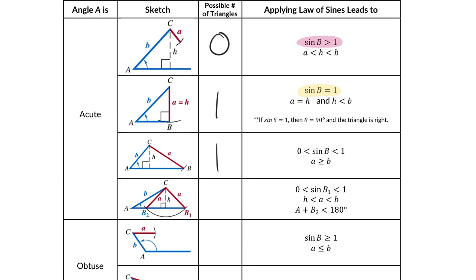In which case, this means that there are actually two triangles we have to solve for. So green means go for us today when sine of B is between 0 and 1. It's just that we have to be cautious because there may be a second triangle existing in this scenario.